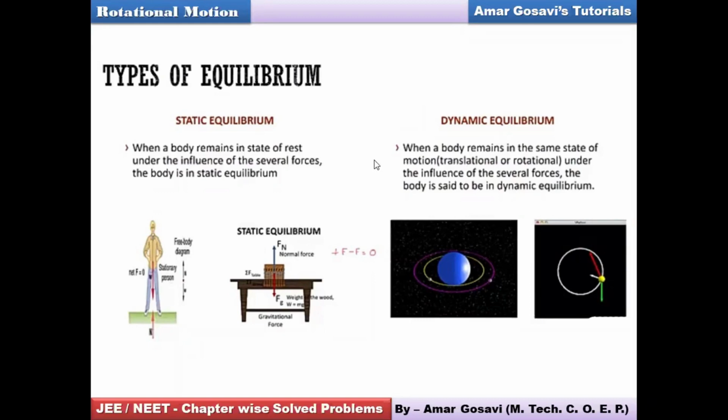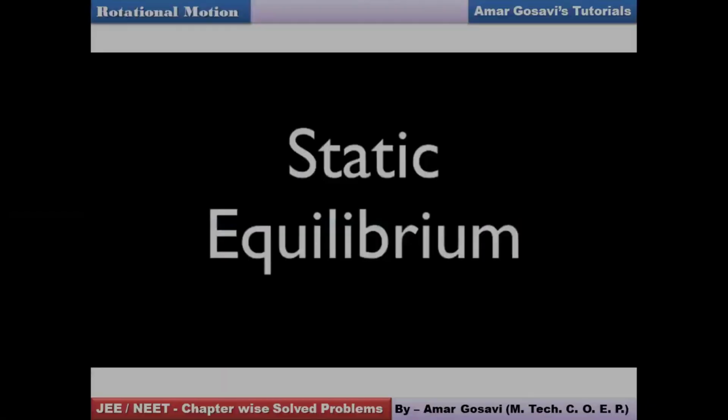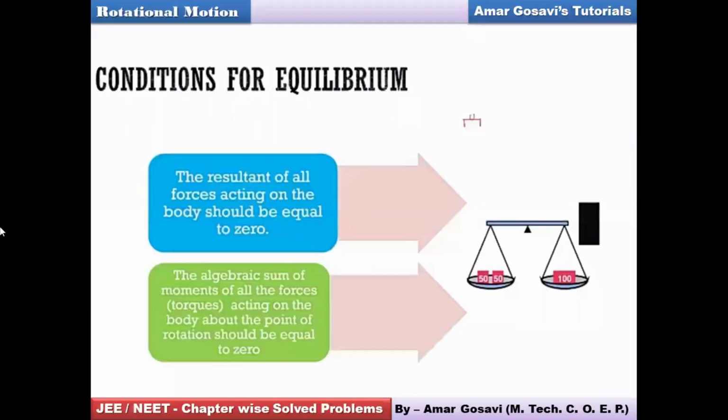Let's talk about the conditions for static and dynamic equilibrium. When we talk about static equilibrium, friends, you can see the resultant of all the forces acting on the body should be 0, or in simple words, the algebraic sum of moments of all forces. When it comes to dynamic equilibrium, torques acting on the body should be 0 basically.